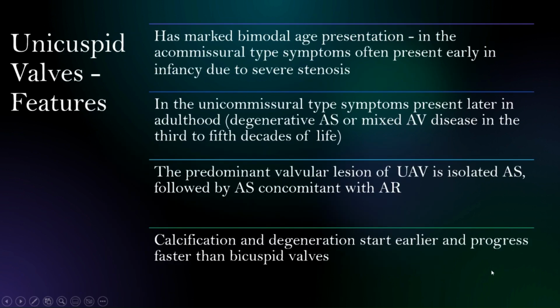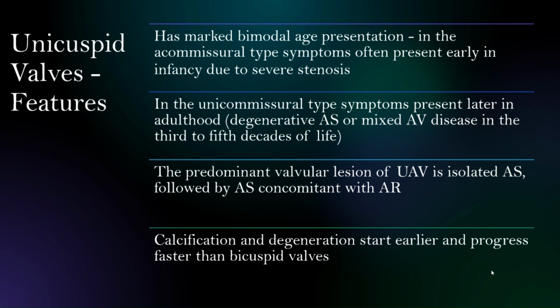When we consider some of the features, there tends to be a bimodal age presentation, so people either present very early, such as with the acommensural type, where they are symptomatic with severe AS at a very young age, compared to the unicommensural type, more commonly presenting later in life.